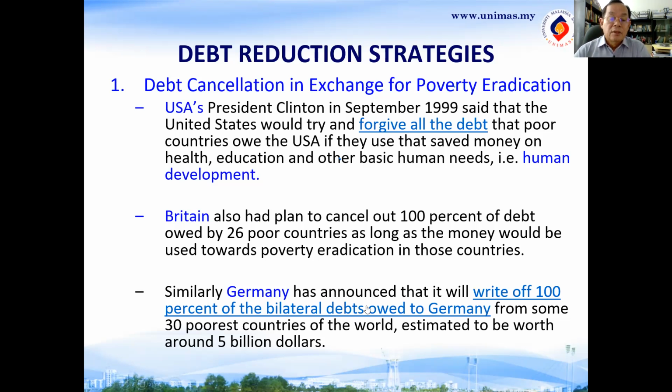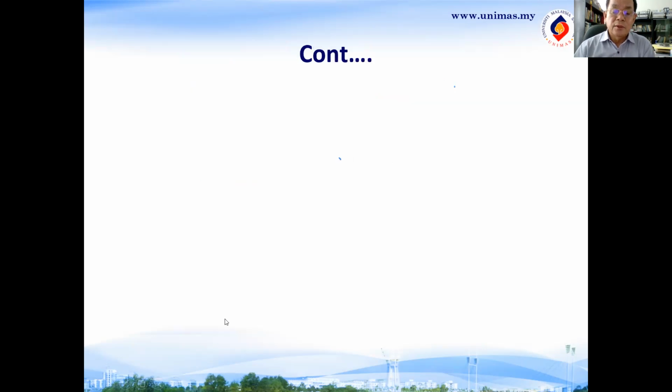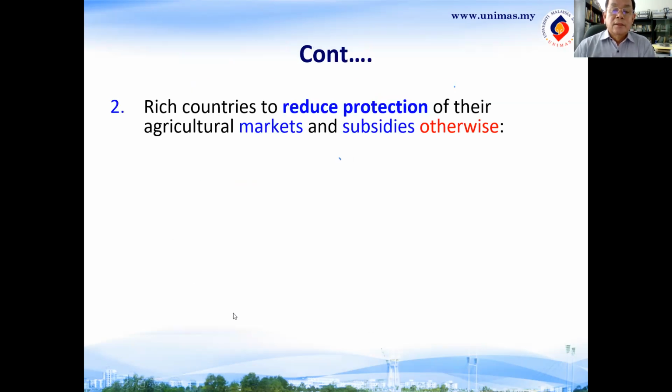Right, so US, Britain, Germany, they were willing to cancel out the debt, tapi dengan harapan, dengan expectation bahwa uang yang digunakan untuk membayar balik hutang tadi sebaliknya digunakan untuk pembangunan, ya, ekonomi negara tersebut. Right, so itu yang pertama, ya, debt cancellation.